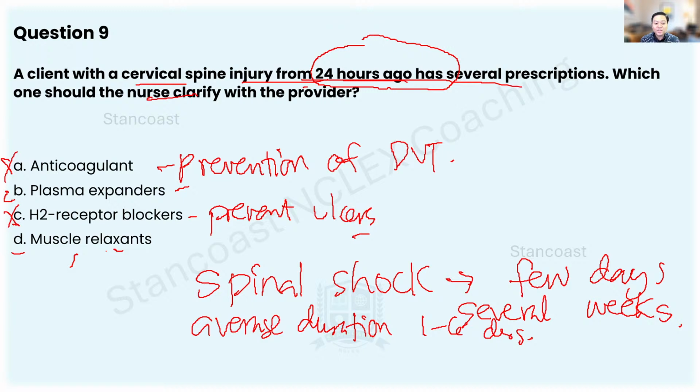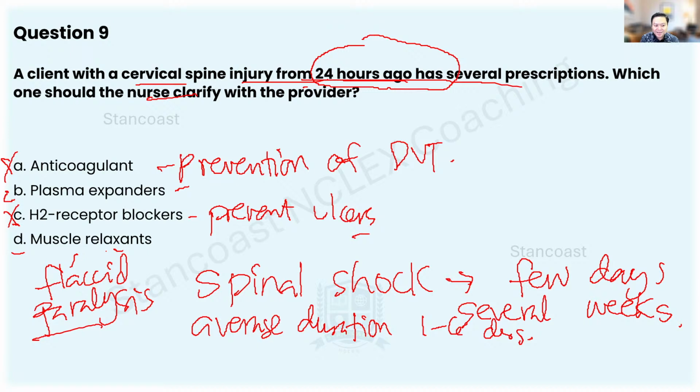No. They are not going to require the muscle relaxants because the reflexes below the level of injury are actually not there. They will have flaccid paralysis. Okay, so they're not going to need the muscle relaxant this time.